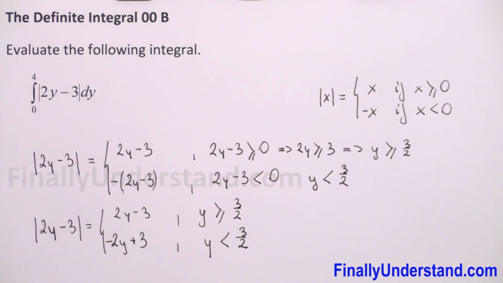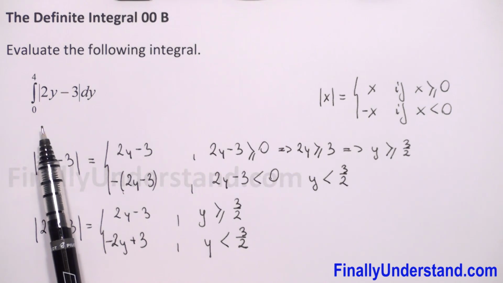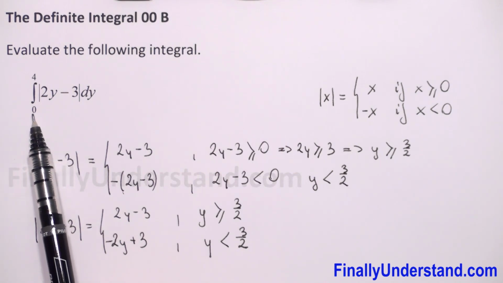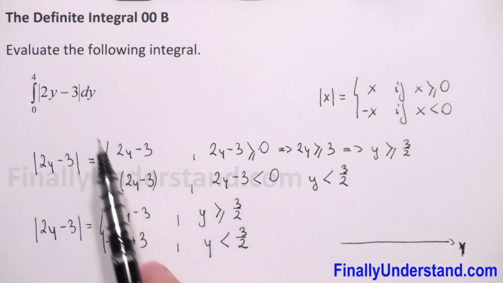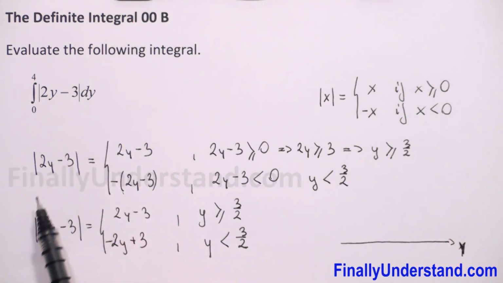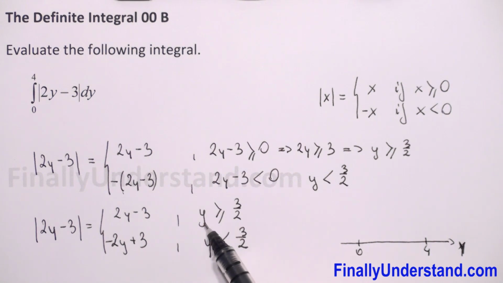Now we can rewrite our definite integral as a sum of integrals. Because we have the interval from 0 to 4, let me write this. We have the x-axis, we have the y-axis in this case, because our integral is with respect to y. So we have the interval from 0 to 4.